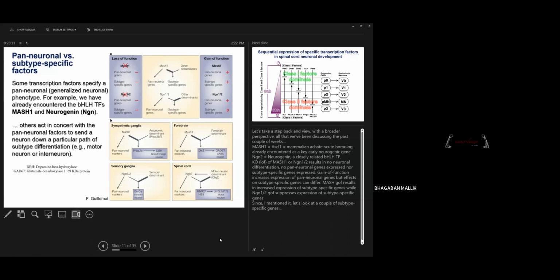This is the forebrain, and you can see that the MASH1 transcription factor, which is used to form the pan-neuronal, neuronal transcription factor, can also interact with another gene, PHOX2B, and this can form this type of neuron, noradrenergic neurons, which contain dopamine beta hydroxylase.